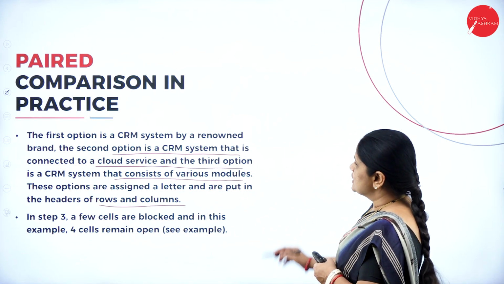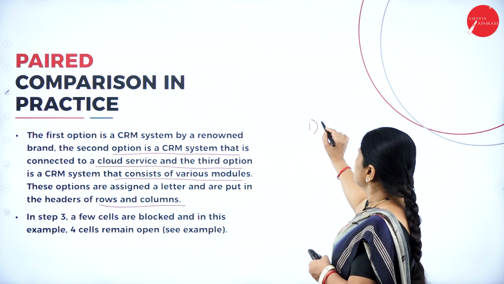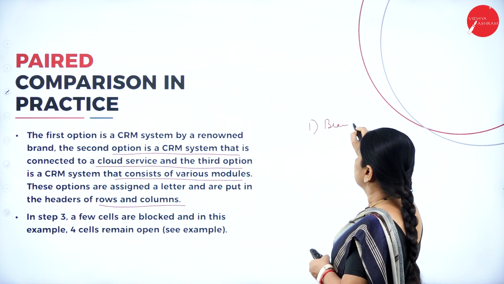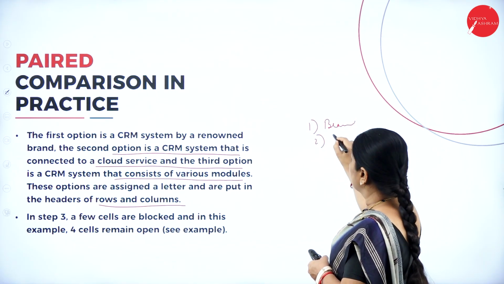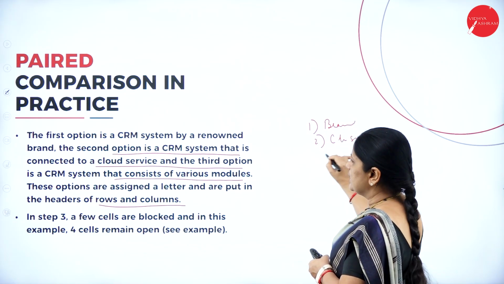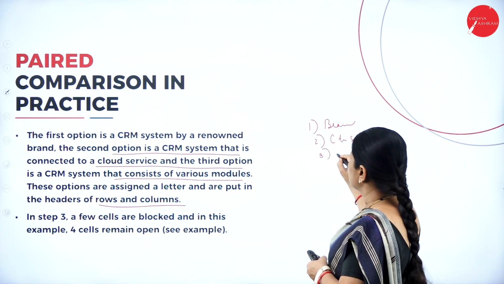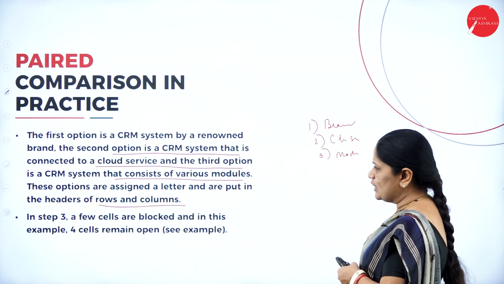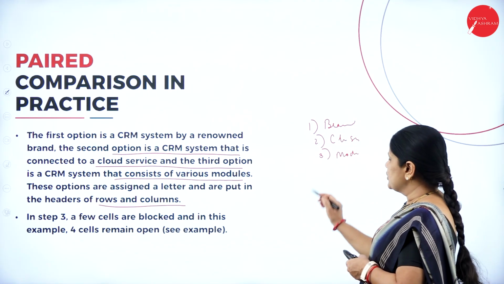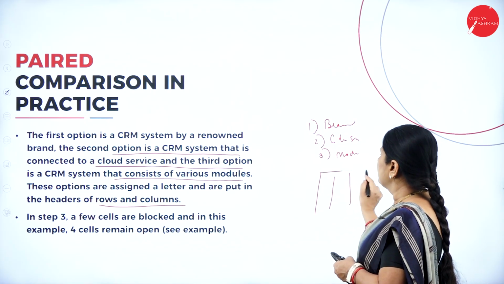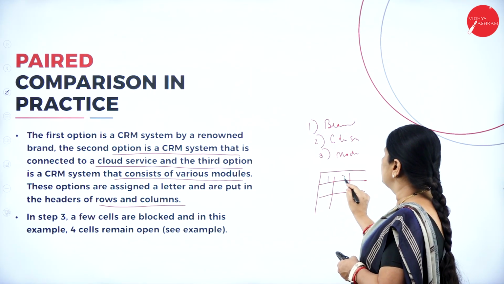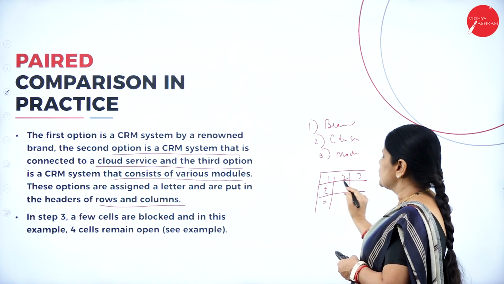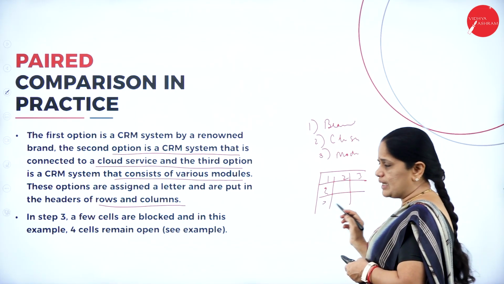So for each row and each column, we have these options 1, 2, 3 and 1, 2, 3. In this way, we can make a comparison.